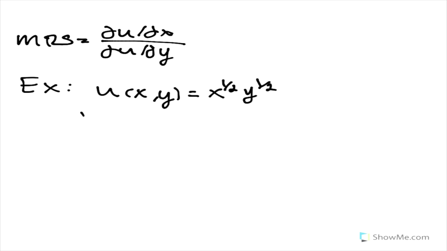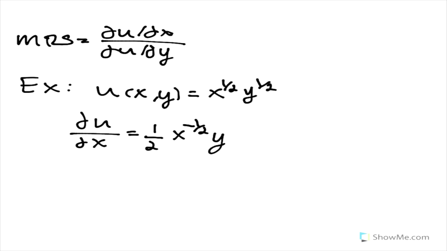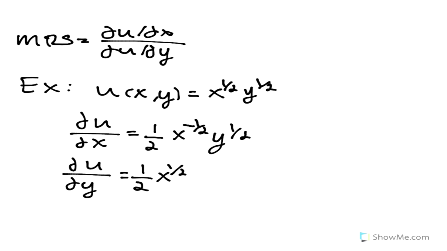Now remember, the derivative of utility with respect to x is going to equal, and we treat y just like it's a constant, so we use the power rule and move this 1/2 in front, and then we have x, subtract 1 from the power, so negative 1/2, times y to the 1/2, because that's just a constant, so we leave it there. And then the derivative of utility with respect to y is something similar here: it'll be 1/2, we leave the x alone because we treat that as constant, and then y to the negative 1/2.